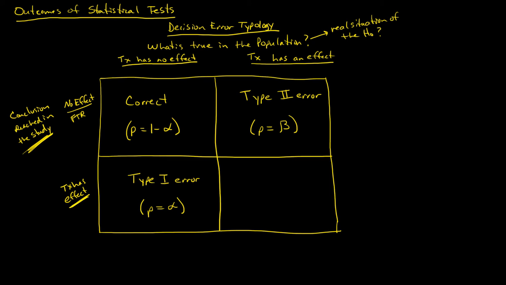But if the conclusion reached in your study is that the treatment has an effect, so again we're down here, and in the population the treatment has an effect, then you're making a correct decision, and the probability of this is 1 minus beta. And we call this, by the way, the power of our statistical test. 1 minus beta is the power of our statistical test.